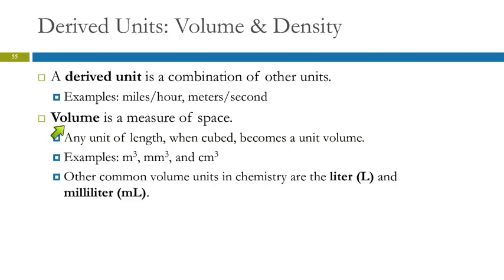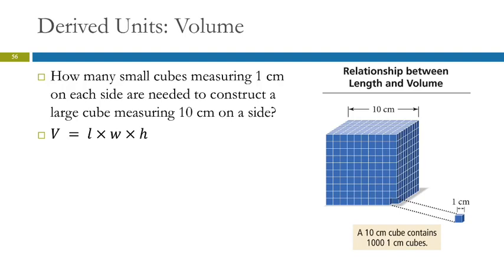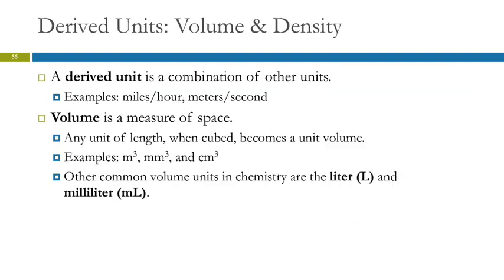We don't do a lot with speed in chemistry because we don't throw things across the room too much. But we do a lot of things with volume. Volume is a measure of three-dimensional space. So if you take a cube, it's got a length and a width and a height. And we know from geometry that the volume of the cube is the length times the width times the height.